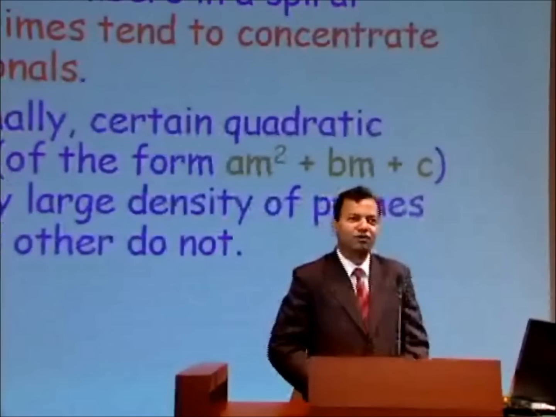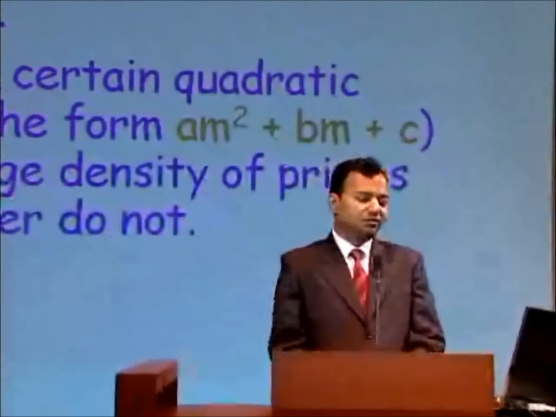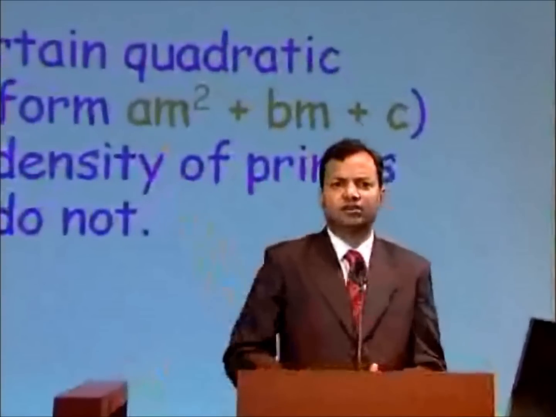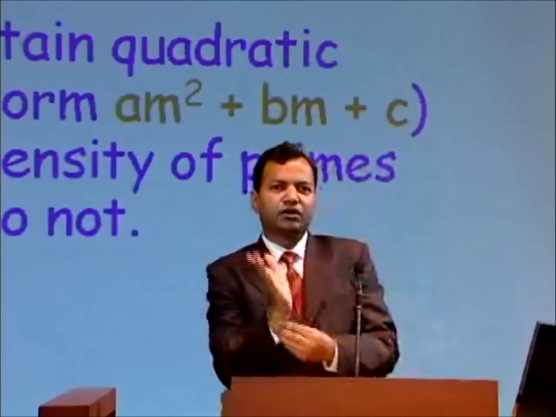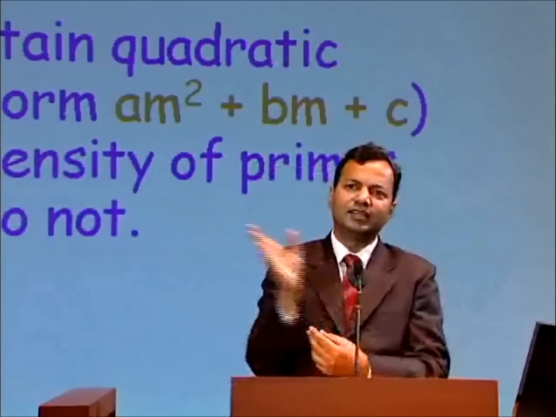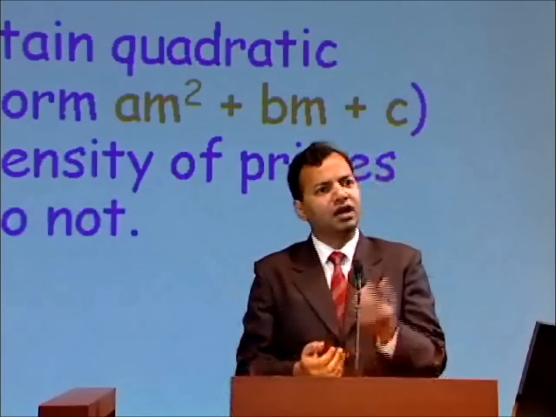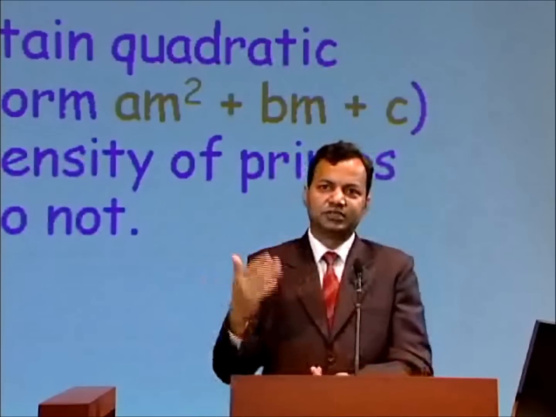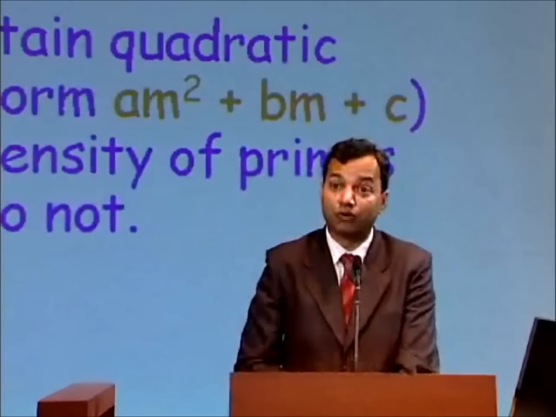You can put it more formally: if you consider quadratic equations of the form am squared plus bm plus c, and look at this sequence of numbers, then some quadratic equations have a high density of primes in their sequence, and some others have very small density of primes. So primes seem to behave differently for quadratic sequences. We don't know why.